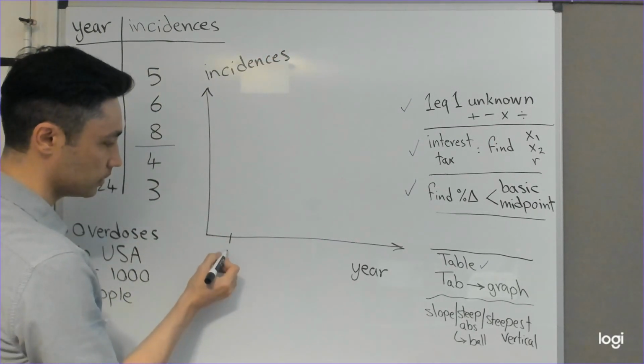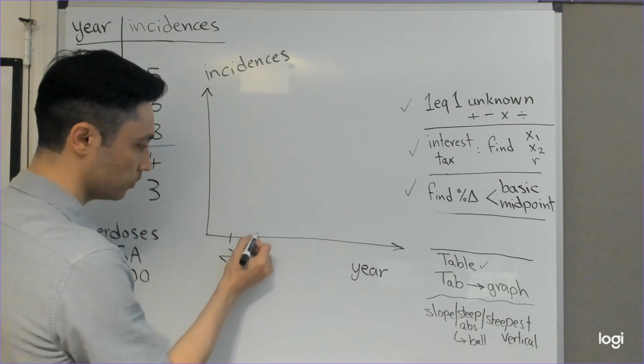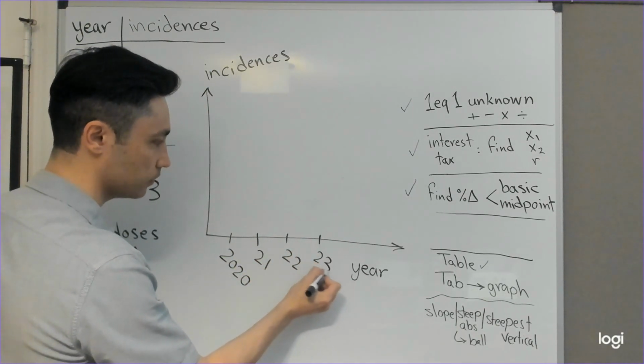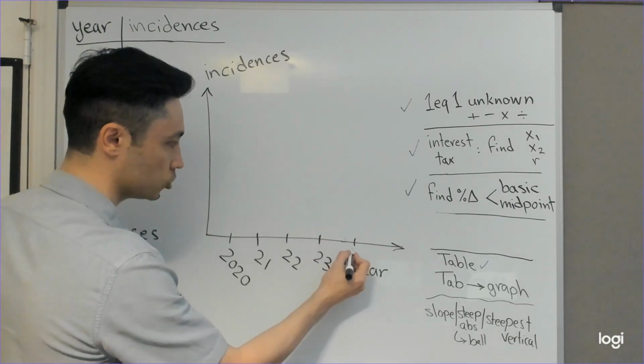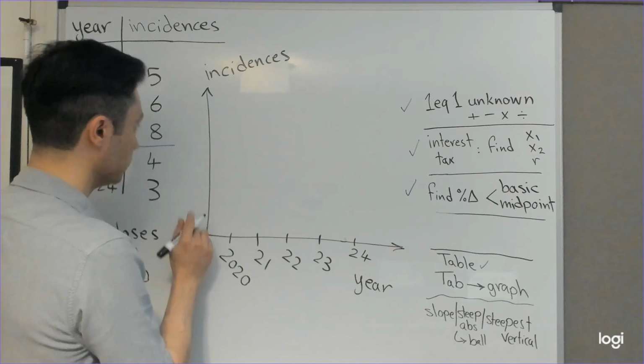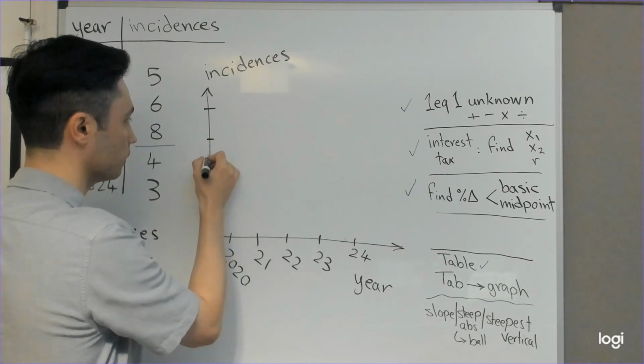Let's say this is the year 2020, 2021, 2022, 2023, and 2024. Let's put some markers here. Let's say this is 1, 2, 3, 4, 5, 6, 7, 8.